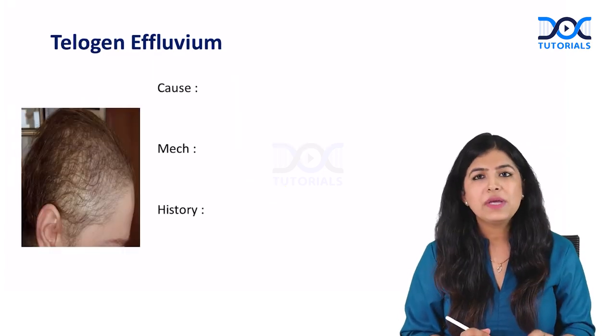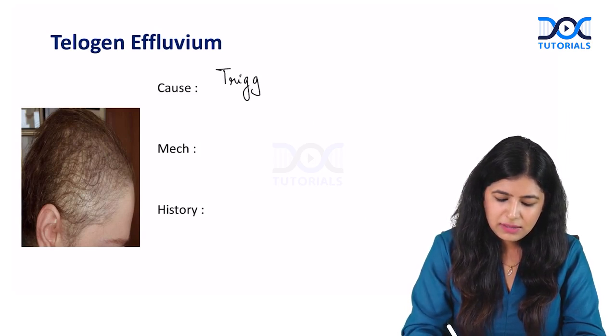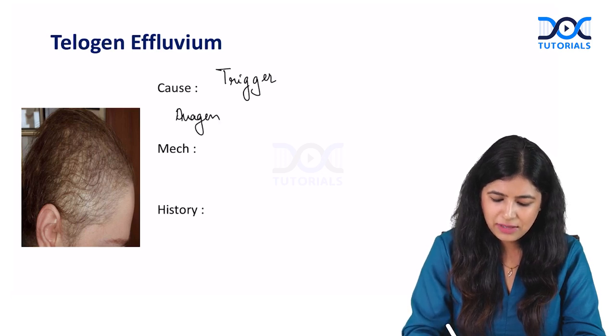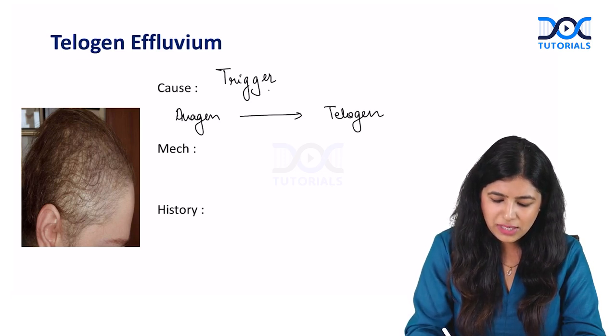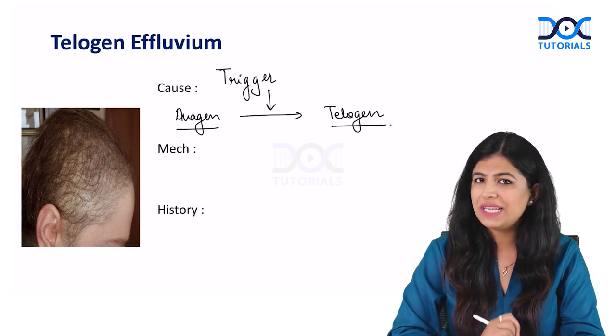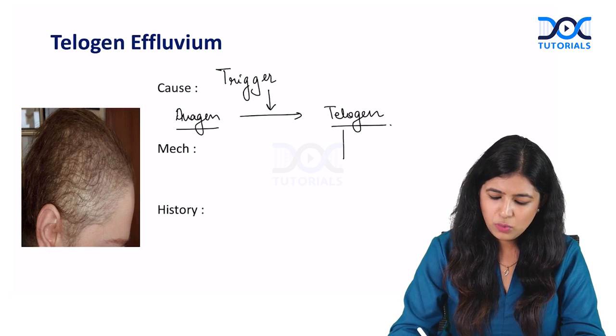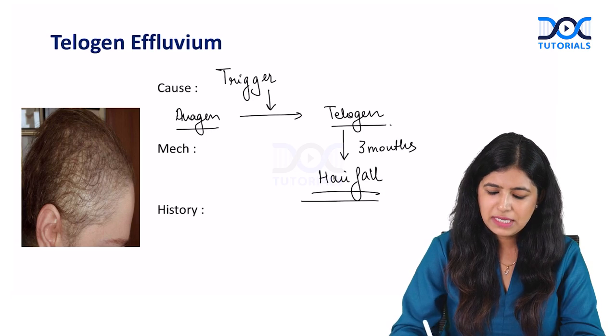Now, next we come to telogen effluvium. In telogen effluvium, there is a trigger. This trigger will convert anagen hair prematurely to telogen hair, and telogen hair will rest on the scalp for about 3 months, after which there will be a complaint of excessive hair fall.